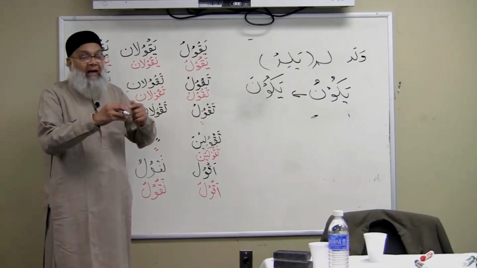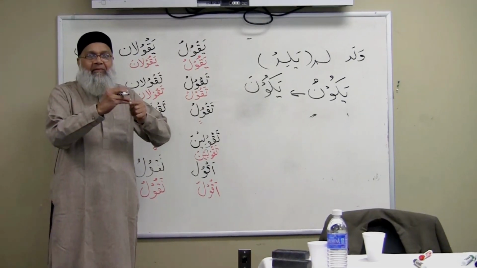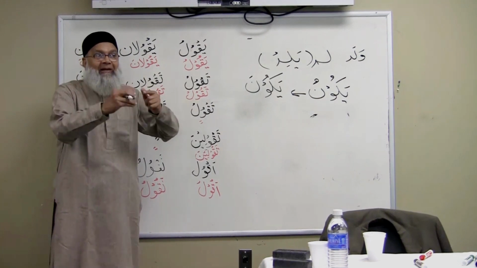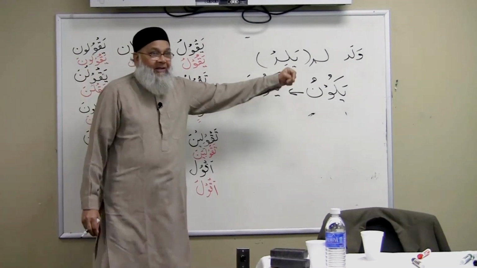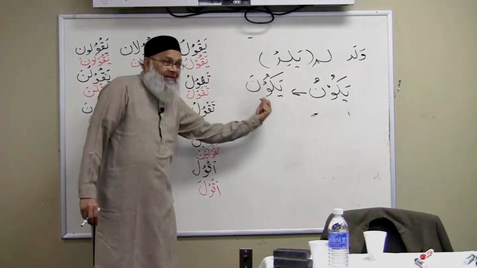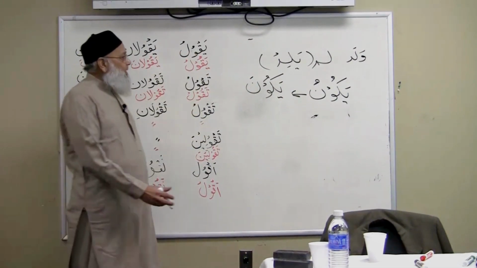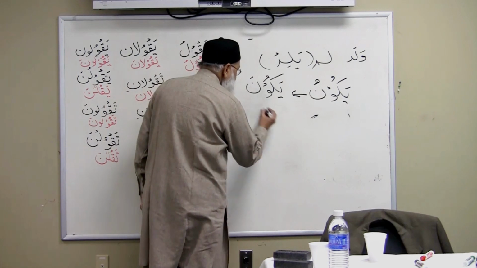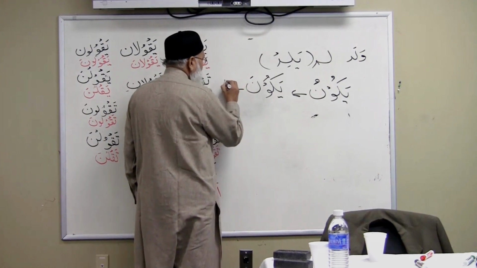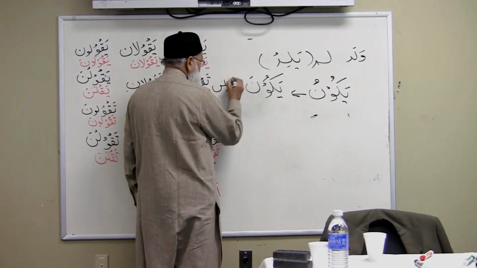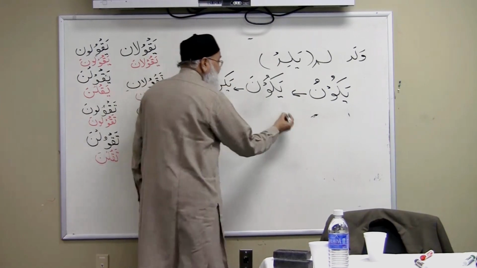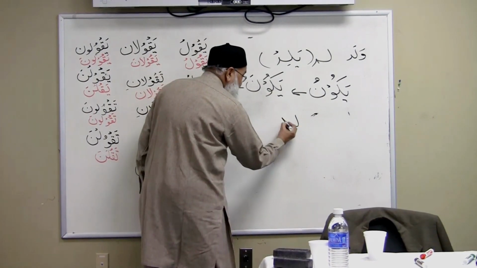Now I'll be quick, assuming that you are with me. This is the normal form, this is light form, and then the lighter form. It will become yakun. كن فيكون. Now, walam yakun lahu.